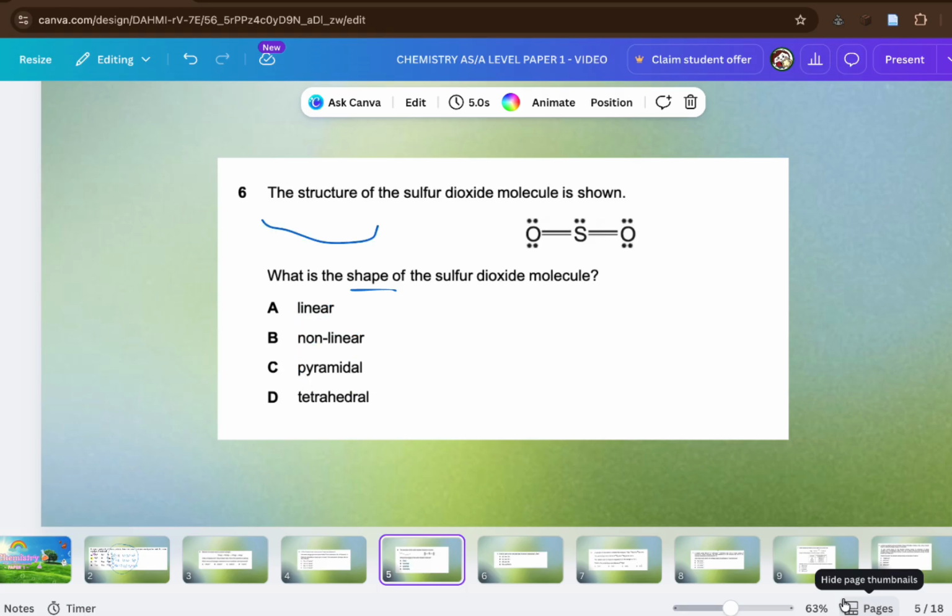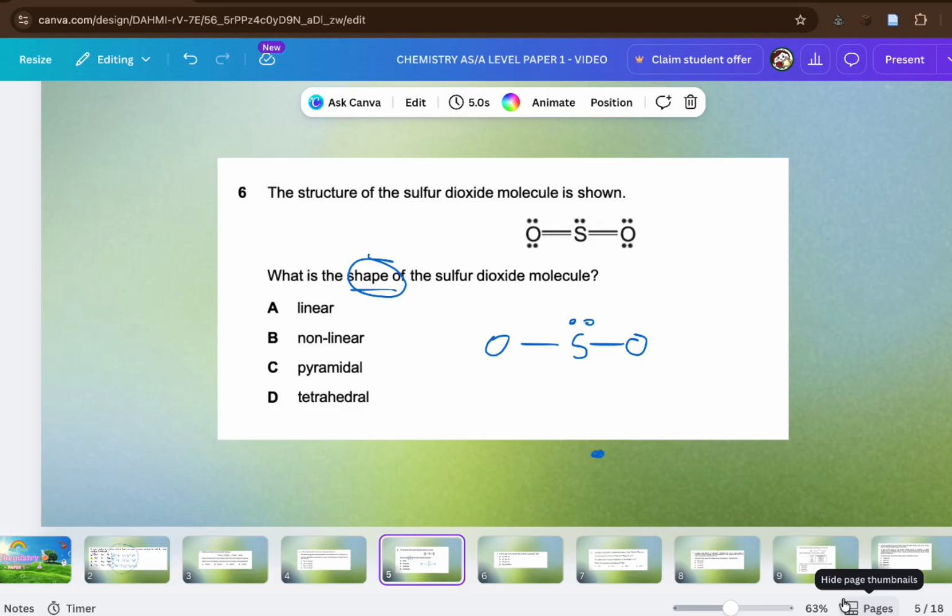First, we have to look at the structure. Here the sulfur is bonded with two oxygen atoms and has two lone pairs of electrons. When we find a shape, we only focus on the central atom.